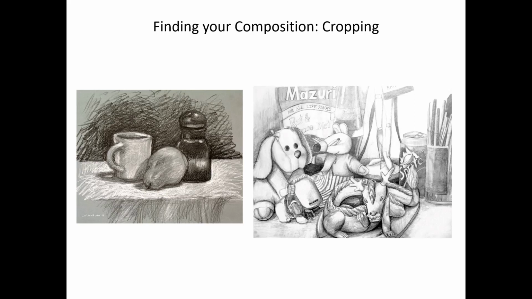But when we are drawing a still life, we're not just going to draw the objects right in the middle of our composition, like here on the left-hand side, because we already know that if we draw the focal point right in the middle of the composition, we're going to get stuck there. Your little person's going to be hanging out in the middle. They're not going to know where to go. Instead, we're going to be considering cropping our still life. We're going to have things off center and asymmetrical like we did for our first drawing.